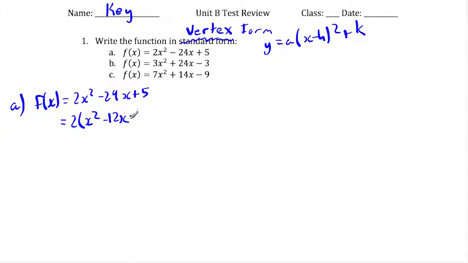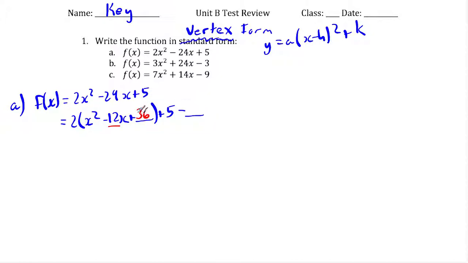Notice it's not the greatest common factor, it's just the leading coefficient. And I leave a blank space in there. And so what I actually need to do is add something. So I take this negative 12, divide it by 2 to get negative 6, and I square that to get a positive 36.